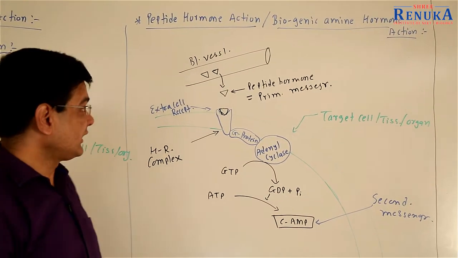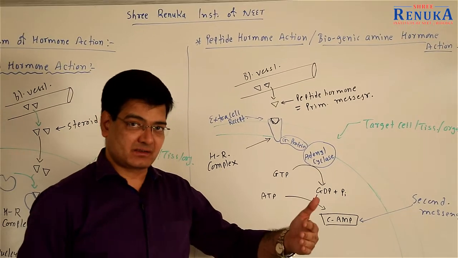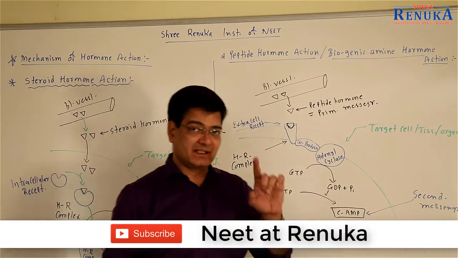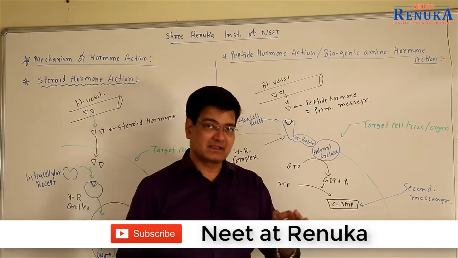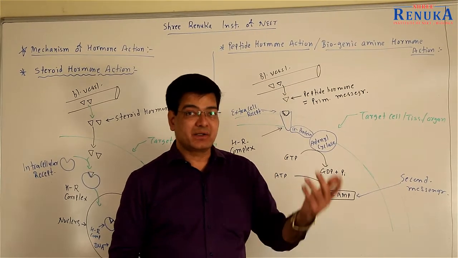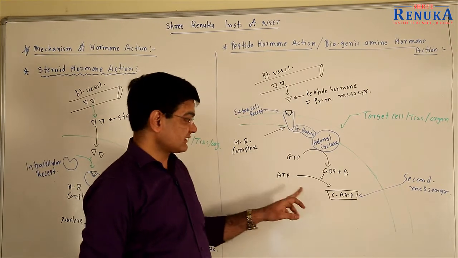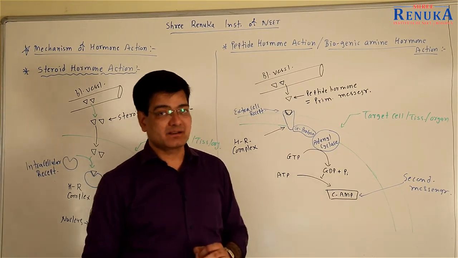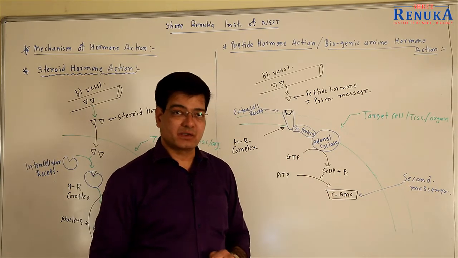Remember that the hormone itself is the primary messenger, it initiates the process, but when a secondary messenger like cyclic AMP is present or forms inside the cell, it induces the activity rapidly and vigorously as well. This is a kind of cascade mechanism when we talk about the peptide or the biogenic amine hormone action.